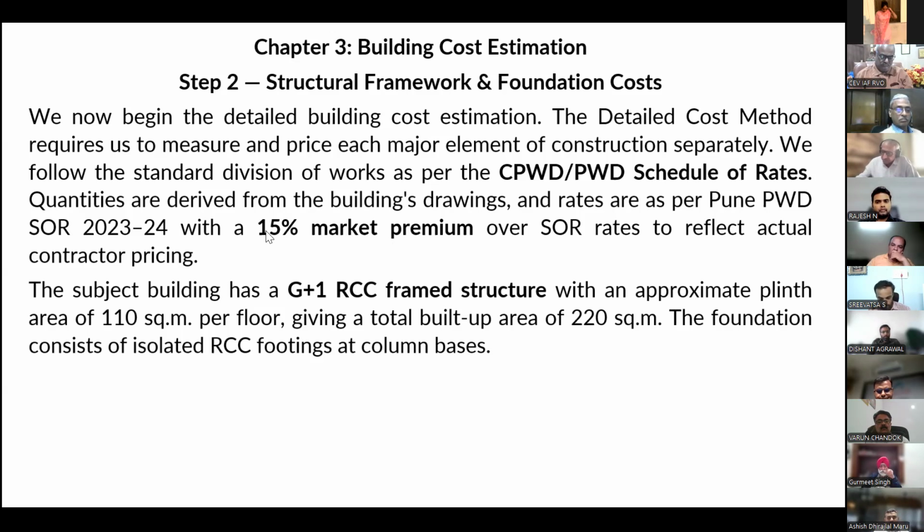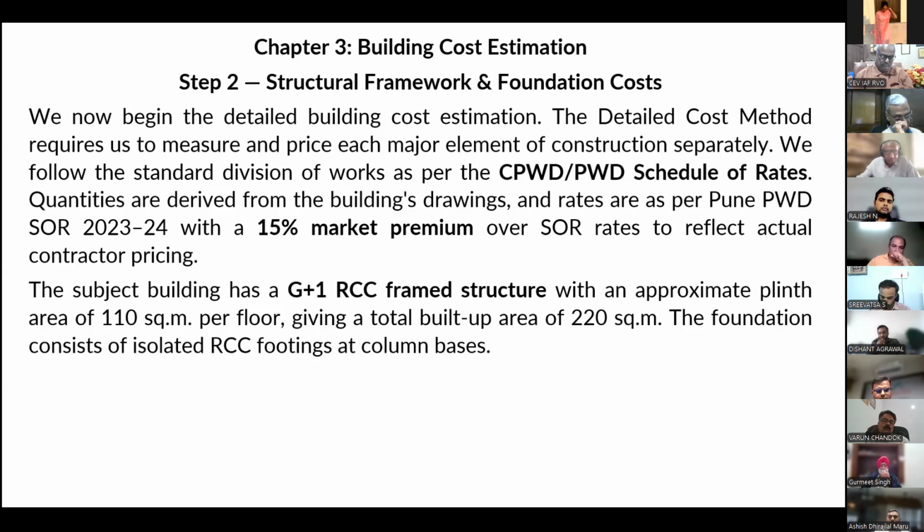So we will be using the schedule of rates as given by PWD, Pune PWD schedule of rates 23-24, and we are applying a 15% market premium over the schedule of rates to reflect actual contract pricing.